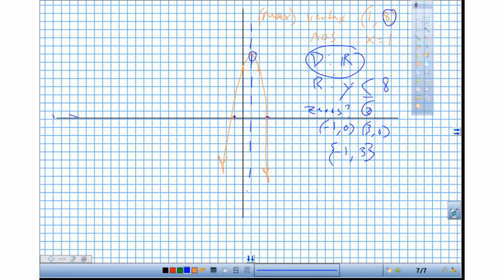Okay, we did that pretty quick, but you should remember that every time we're trying to find coordinates, we're plugging our x in and getting our y out. The whole idea of doing this, though, is picking domain or x values that are surrounded by my vertex so that it creates a symmetrical figure like we have here, okay?